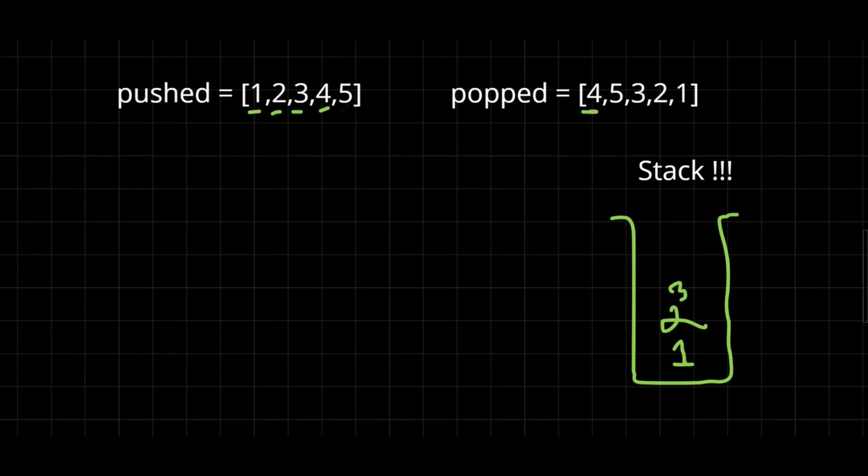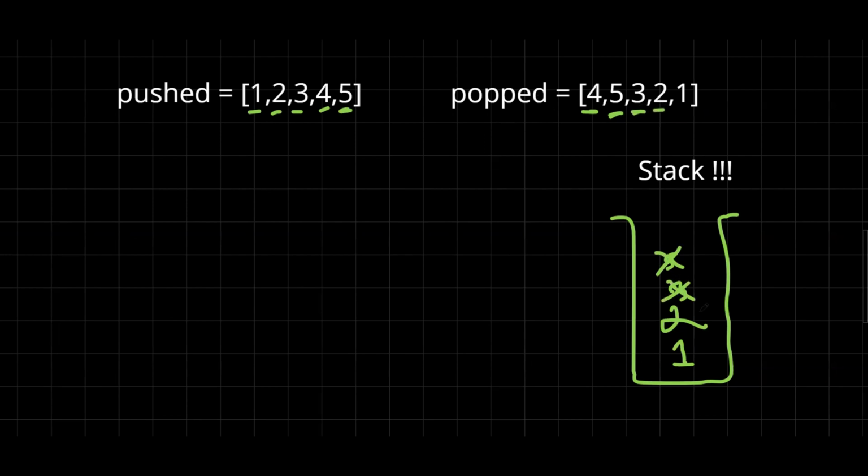So again here we can push the element 5. So here 5 will be pushed. Now here we can see that in the pop sequence, the rest of the elements are 5, 3, 2, and 1. So for this element 5, we can remove this element 5 here. For this element 3, we can remove this element 3 here.